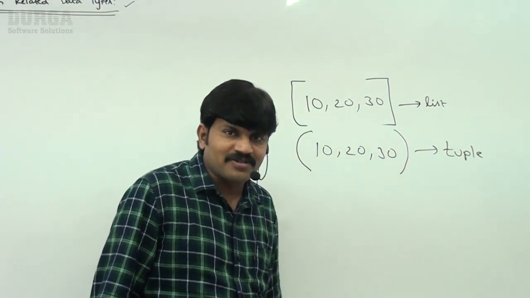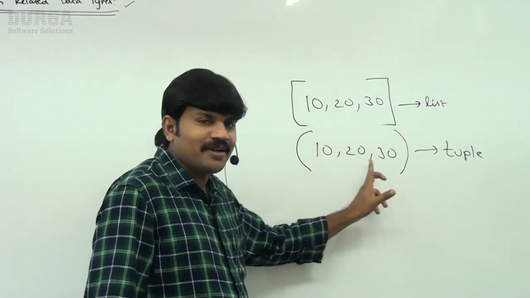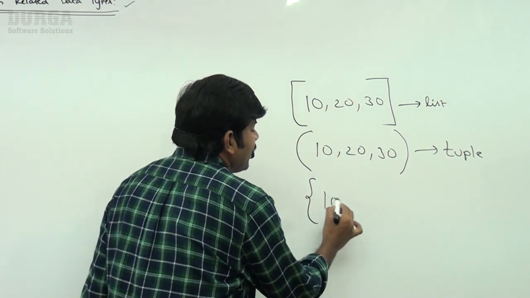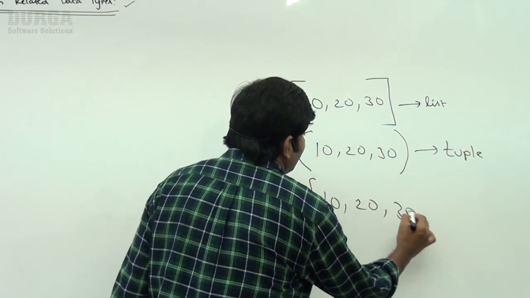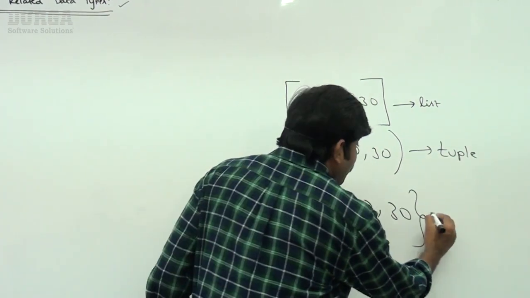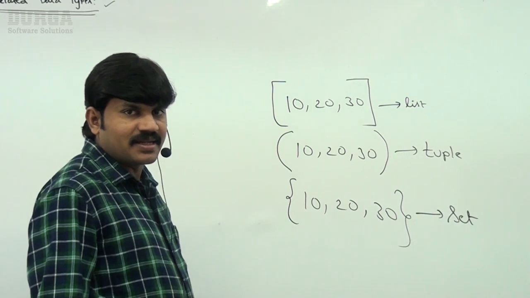Some people may pronounce it differently, whatever your pronunciation, no problem. Next, if I take curly braces, 10, 20, 30, this type of thing within curly braces is called the set concept. Are you getting the set concept?